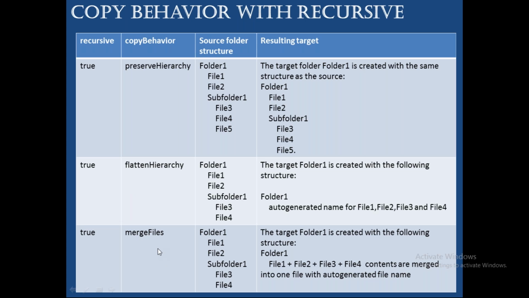Maybe your file is in a subfolder, but the result will be in the root folder. All the content of these files will be merged and given as a single file. That file name will be generated automatically. But if you want to give your own name, you can customize that particular file name.